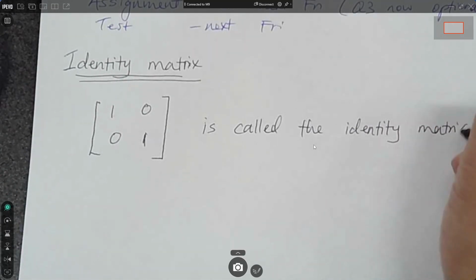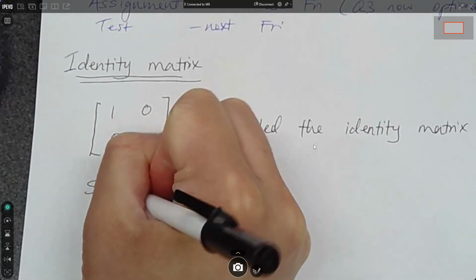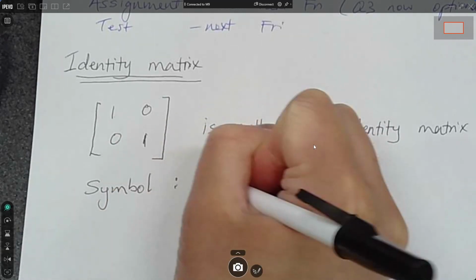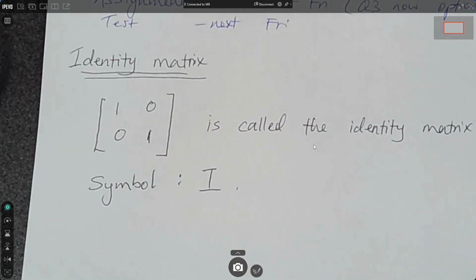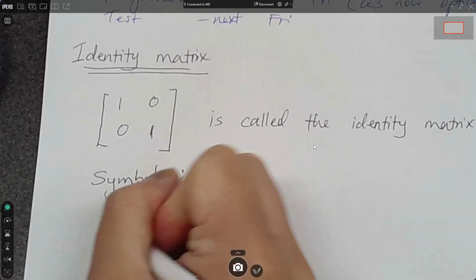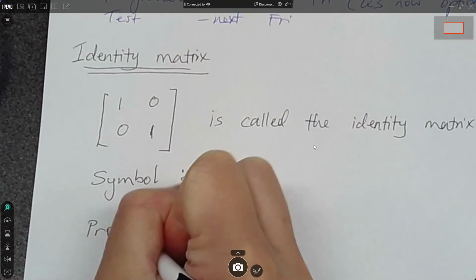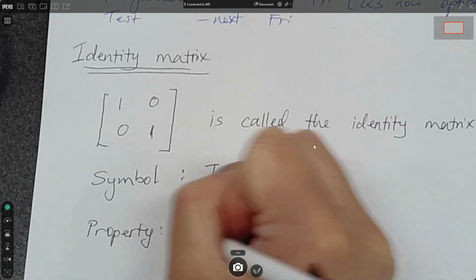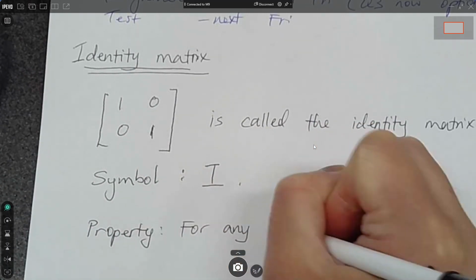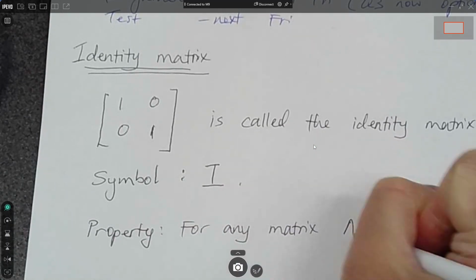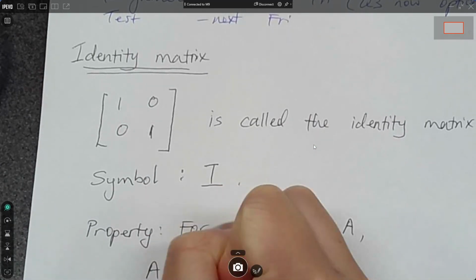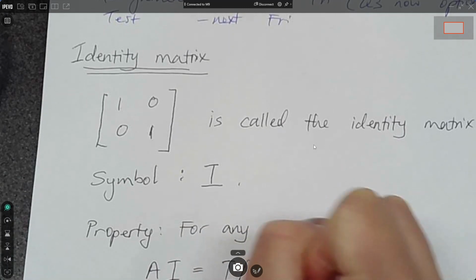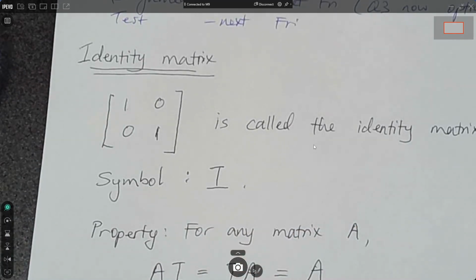All right, we'll give it a symbol, capital I. Can you guess what the I stands for? Yep. Okay, and it has a very, very nice property. For any matrix A, if I multiply by the identity matrix, it stays the same.